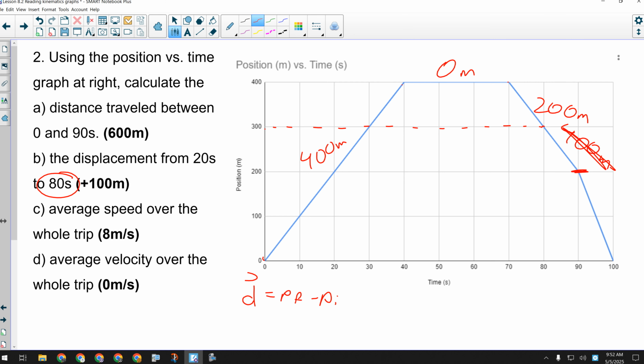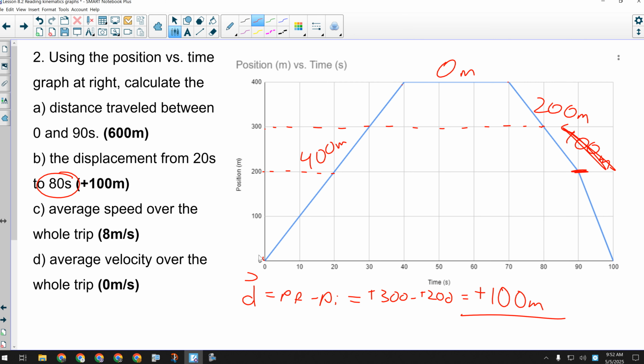My initial position is at 20 seconds. That's here, 200. So positive 300 minus positive 200 is positive 100 meters. Pretty simple calculation. I just have to find my initial and final positions on the graph.